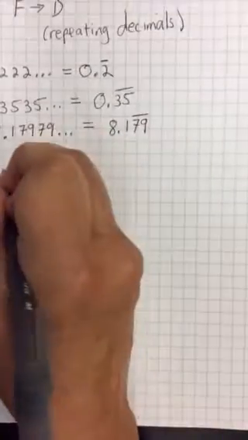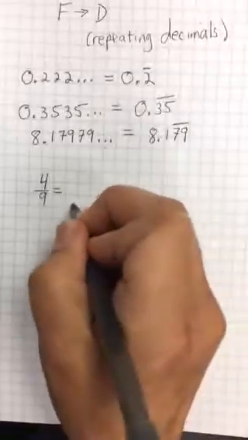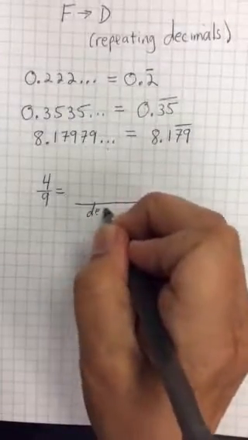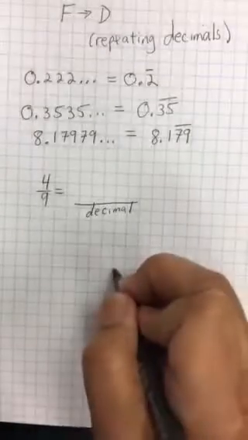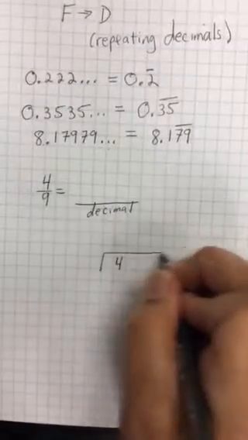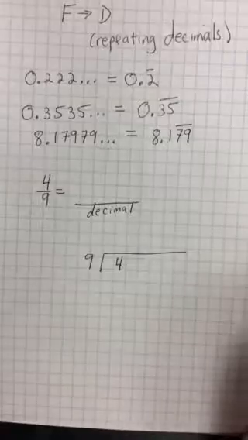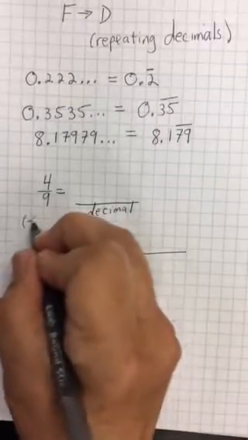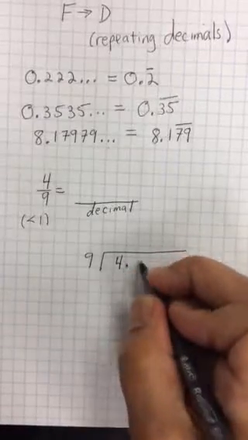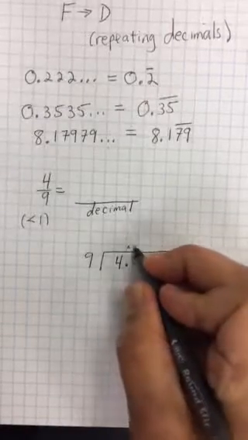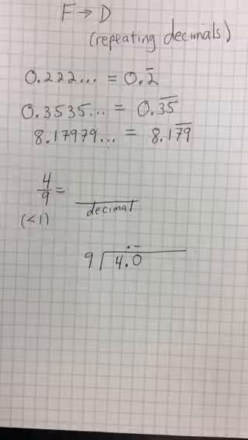Okay, I have 4/9, and I want to use division to convert it to a decimal. Just like the previous lesson, we will set up our long division, 4 divided by 9. This is less than 1, so we can't even go in one whole time. So we're going to immediately put our decimal point and know that our answer is less than 1.